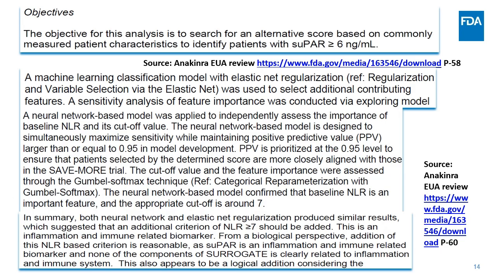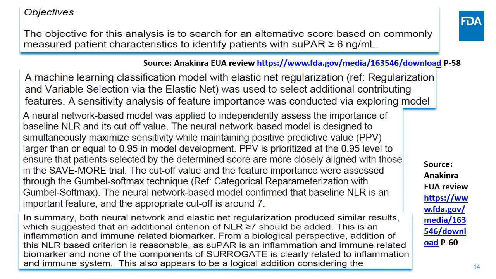This formulates our review question. That is to search for an alternative score based on commonly measured patient characteristics to identify patients with suPAR greater than 6 nanogram per ml. The sponsor provided their initial proposal. For our team, we assessed them and used a machine learning classification model with elastic net regularization to identify additional contributing features.